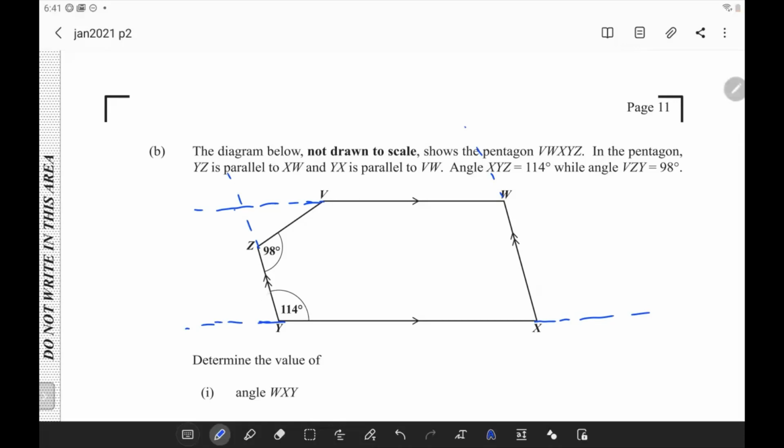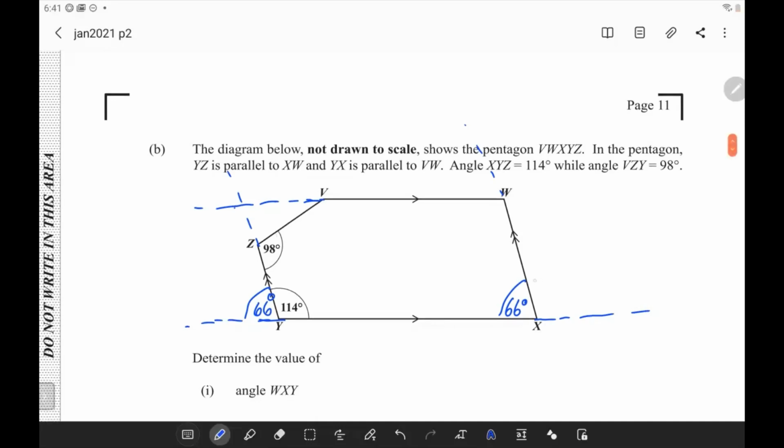Notice that this angle here is exactly 66 degrees because this is a straight line, so the angles must add up to 180. Which would mean that this angle here is also 66 degrees because alternate angles are equal. And this would imply that this angle here is 114 as well, for the same reason.